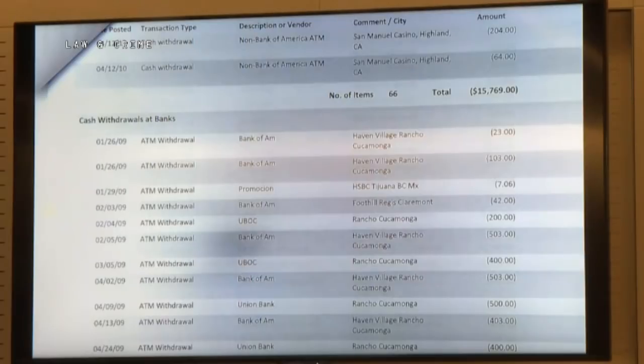Yes. Can you tell us what that is? There were 66 cash withdrawals, and they totaled $15,769. And again, this time period would not include those 3 months where there was no bank account for you to look at activity from, is that right? Correct. And it also does not include the activity we just talked about, the GCAs or PCAs that could also be cash transactions at a casino.